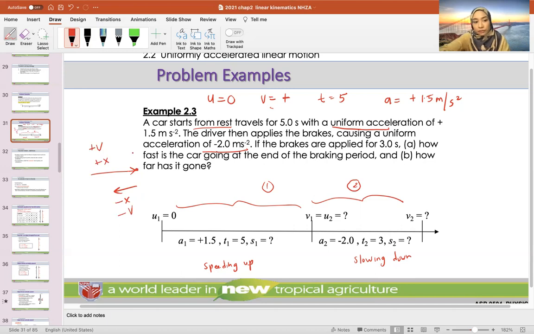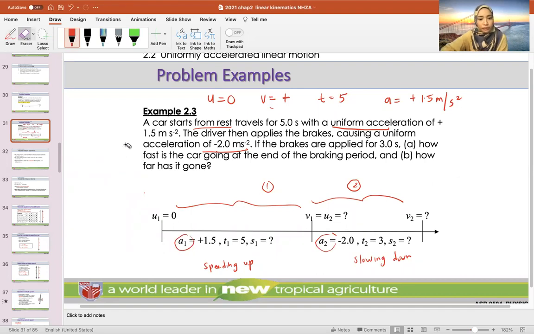So you can divide your motion into 2 parts. This is part 1 and this is part 2. Why? Because your direction of velocity is now different. First you were going to the right and then you were going to the left. So you can divide that based on the displacement or velocity direction. So this is one way of dividing it into sections. Another is the acceleration. What we will always look at is the acceleration.